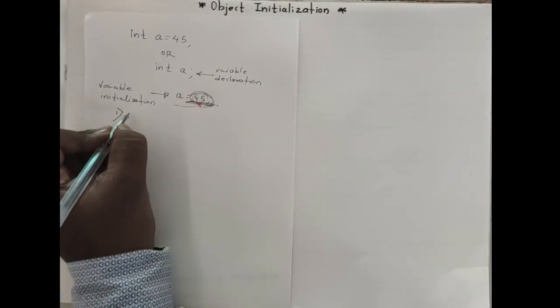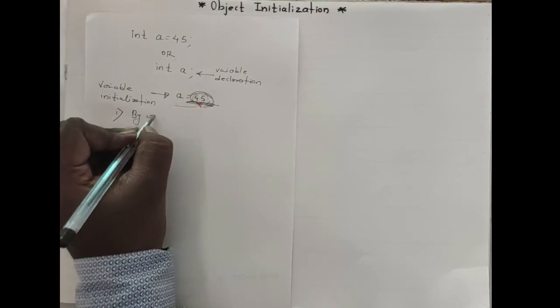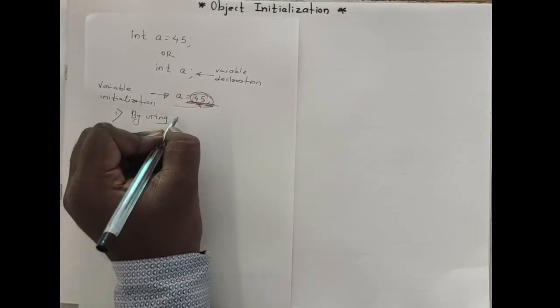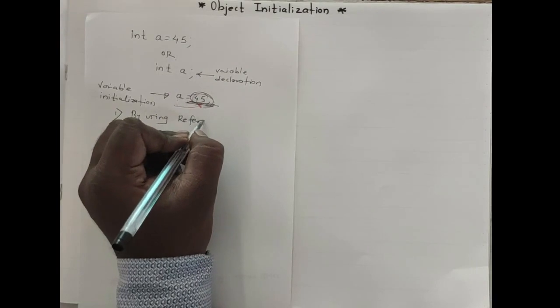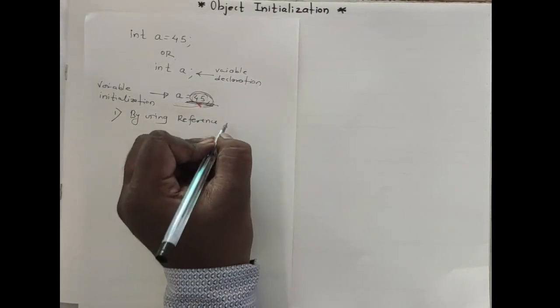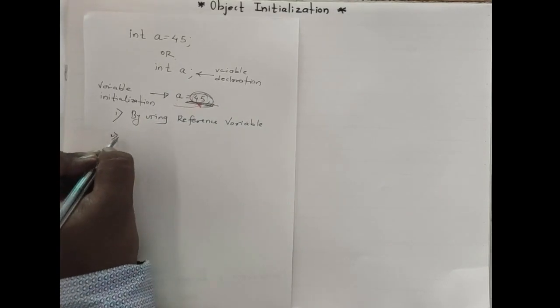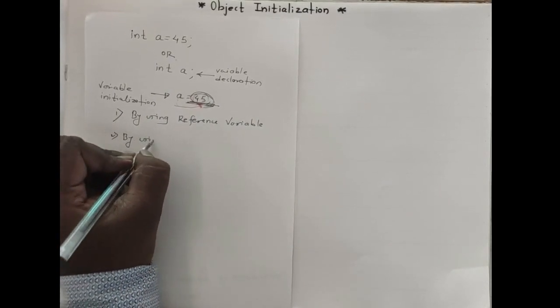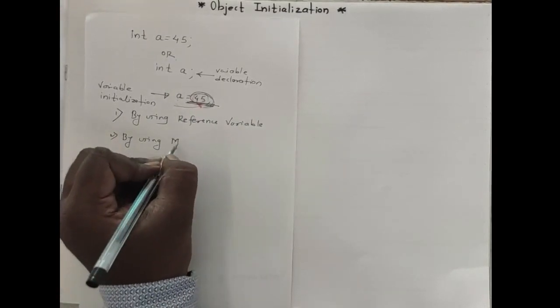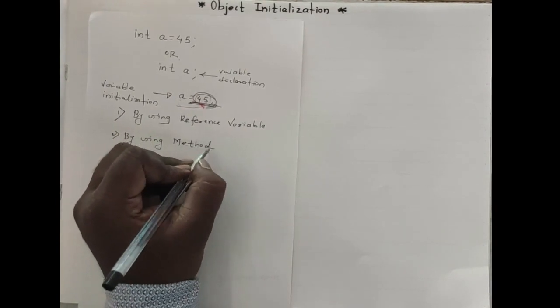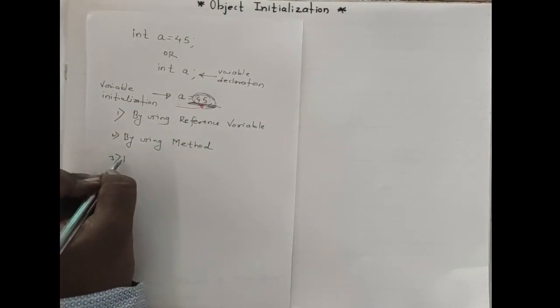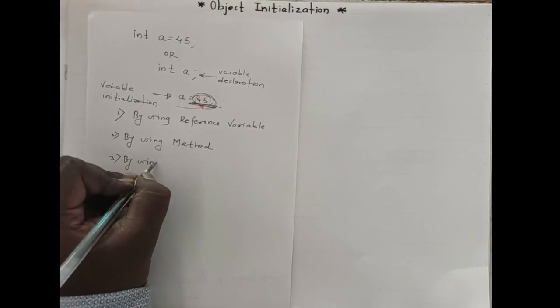First way available is by using a reference variable. Second way, by using a method. And third way, by using a constructor.